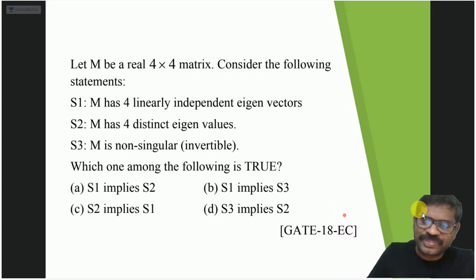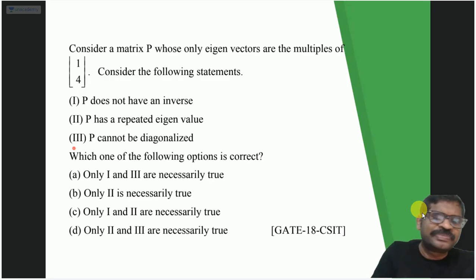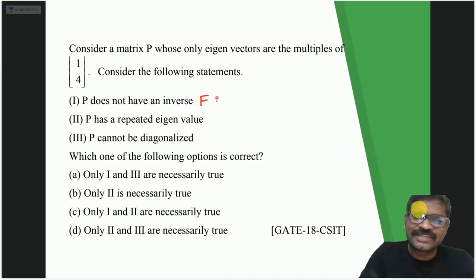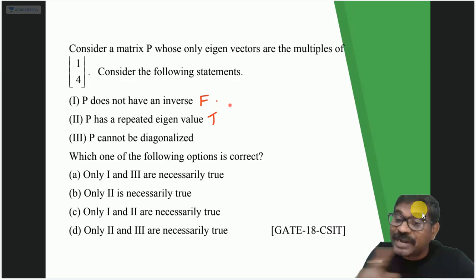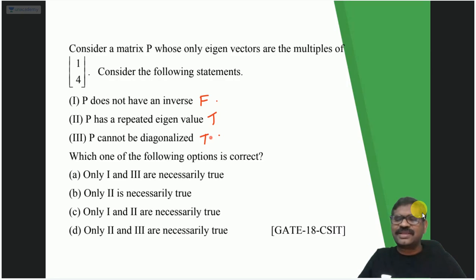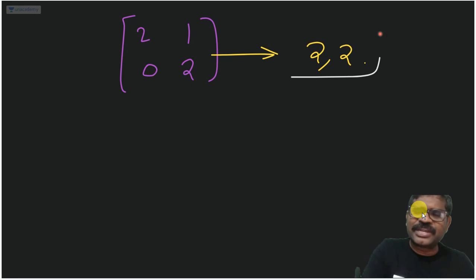So, in this problem, P does not have inverse is a false statement. P has repeated eigenvalues. Yes. P cannot be diagonalized. Yes. If you have any doubt, better to take this example. This is the example. Repeated eigenvalues.